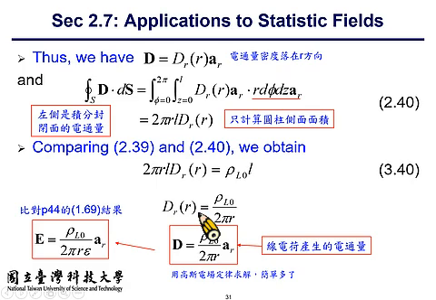So recall the relationship between D and E. You can get the same result by dividing this with the permittivity epsilon. Okay? So this is the same result as we have seen in section 1.5, where the calculation is relatively simple.